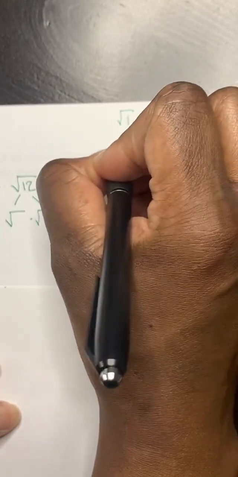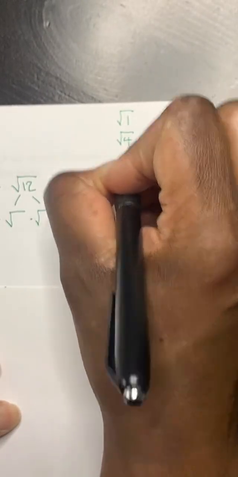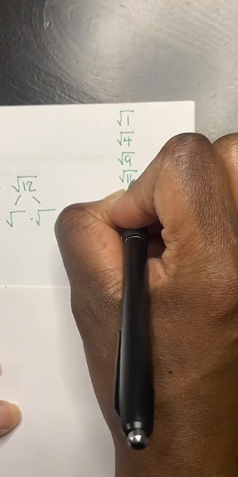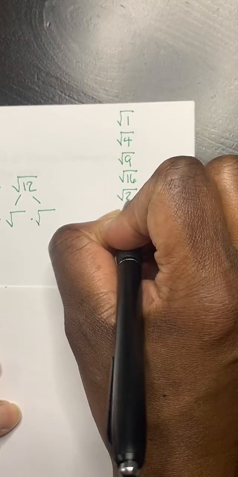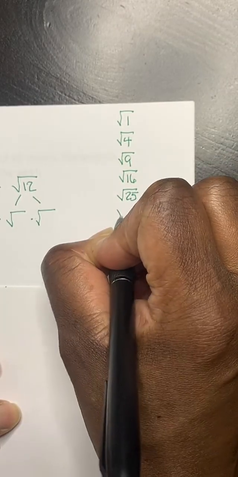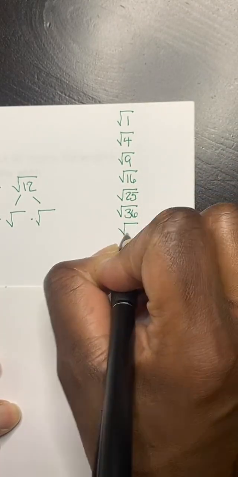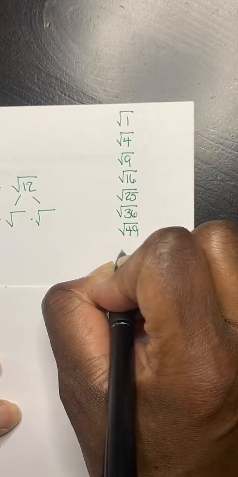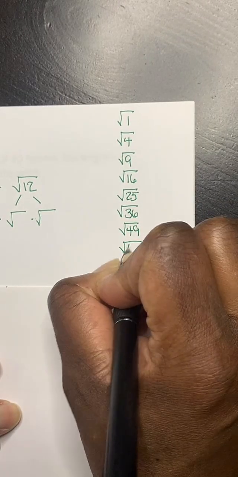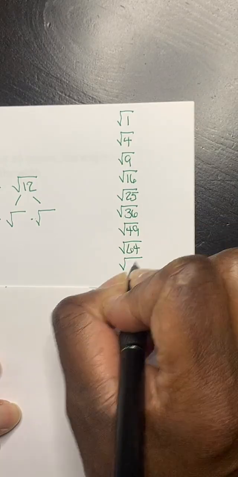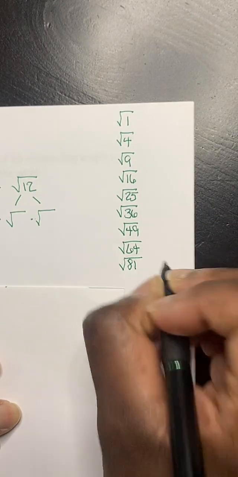Square root of 1, square root of 4, square root of 9, square root of 16, square root of 25, square root of 36, square root of 49, square root of 64, square root of 81.